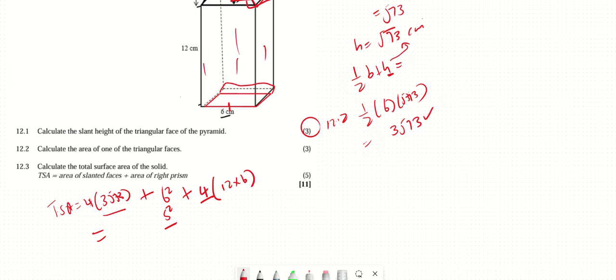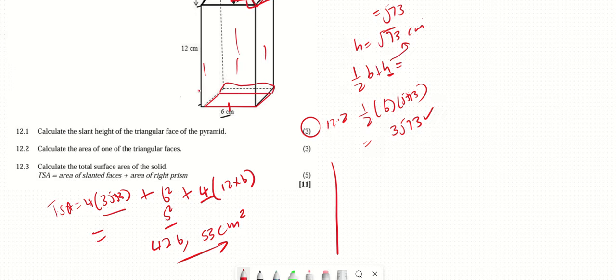So substituting, 4 times 3 root 73 plus 6 squared plus 4 times 12 times 6 is going to be 406.53 centimeters squared, because it is the surface area.